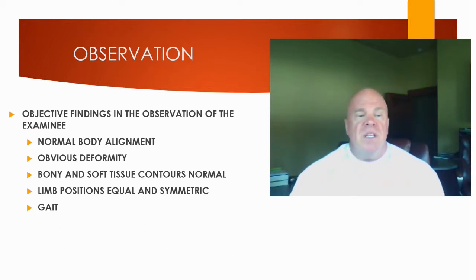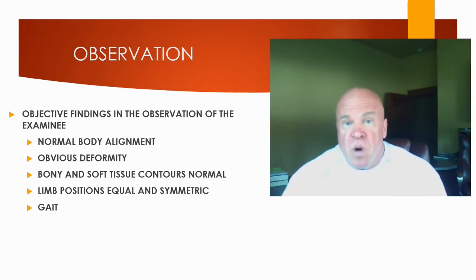What about the examinee's gait? This is one of the most easily observed physical exam findings that we have at our disposal, because the examinee has to walk to the examination room from the waiting room, and it serves as a perfect opportunity to get a look at the function of the examinee.